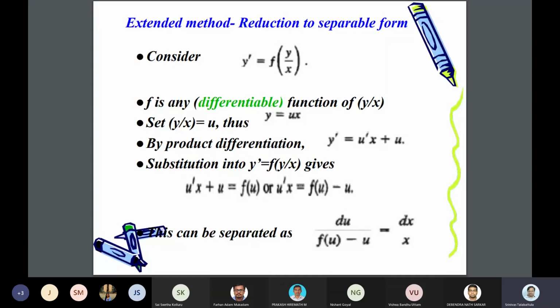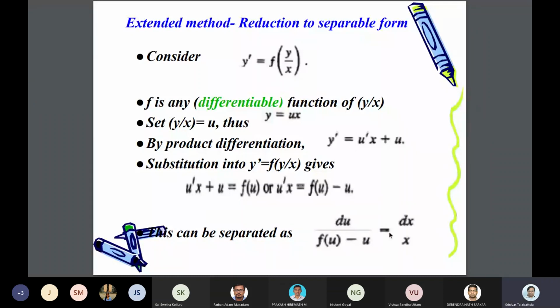So if you have a function of y by x, then you substitute y by x by some other variable u. If y by x equals u, then dy by dx equals u dash x plus u. The idea is you have only a function of u, and on the left hand side, u dash x plus u. So equate them.